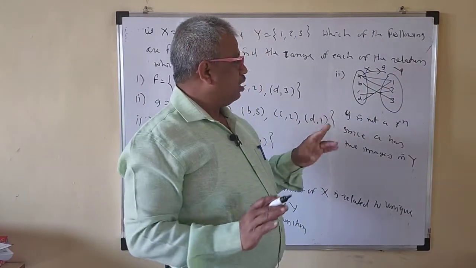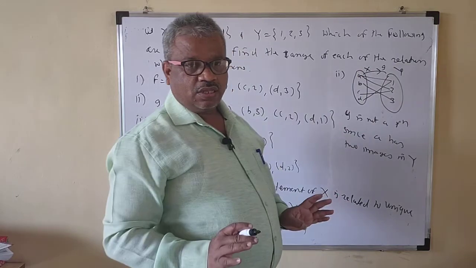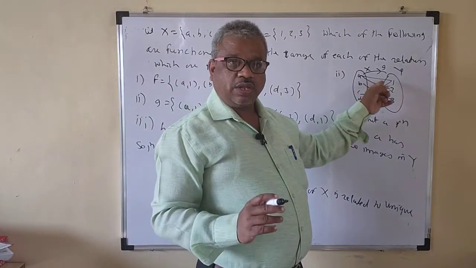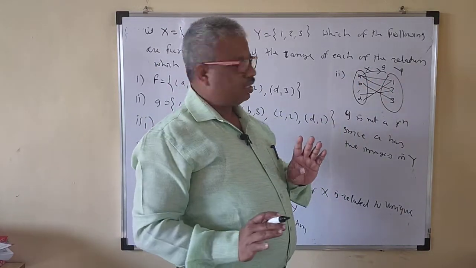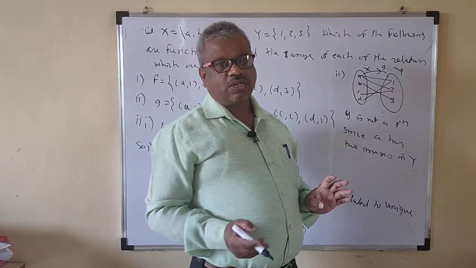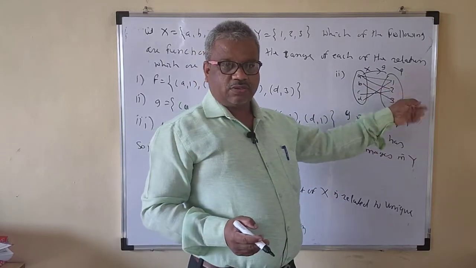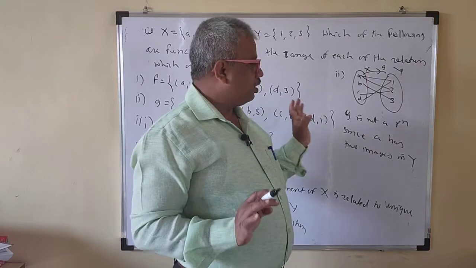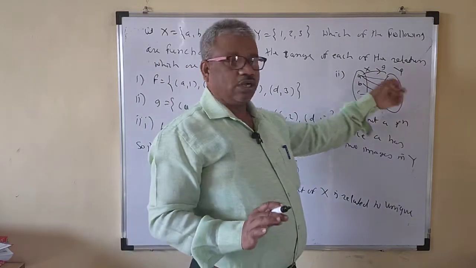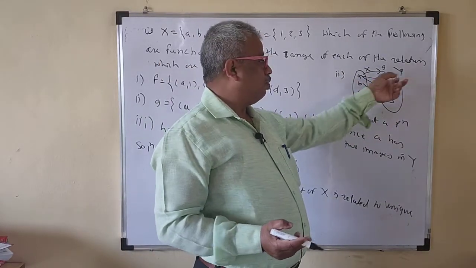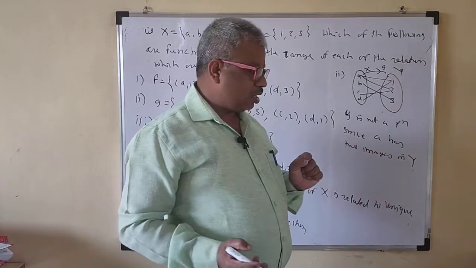So A has two images. So A is not related to a unique element. You may also write this: A is not related to a unique element of Y. So therefore it is not a function. Or A is related to two elements of Y. So therefore it is not a function.